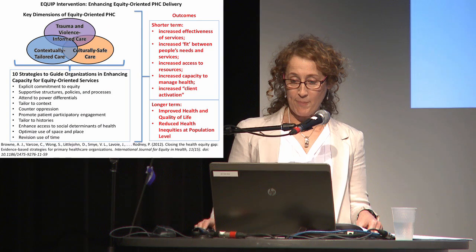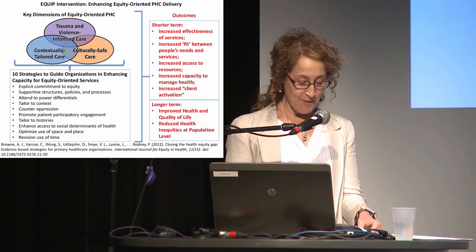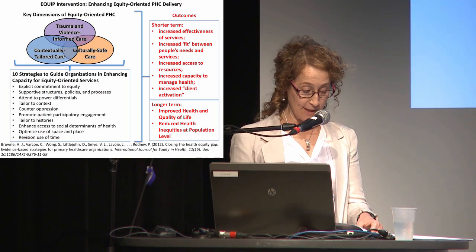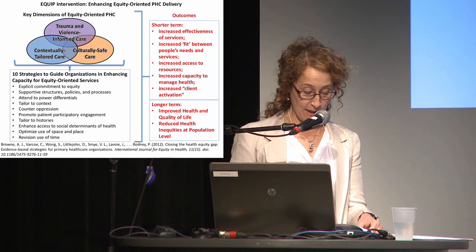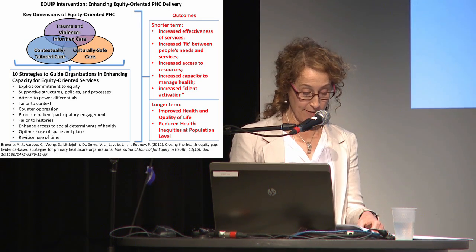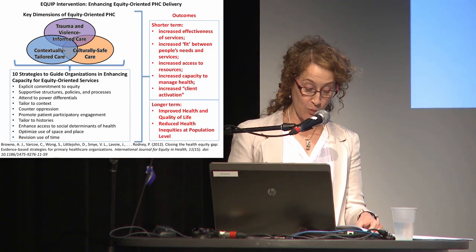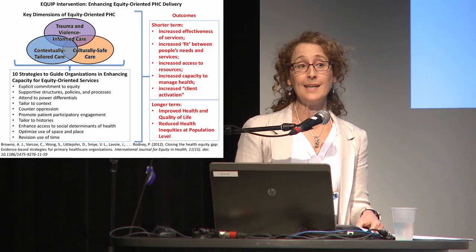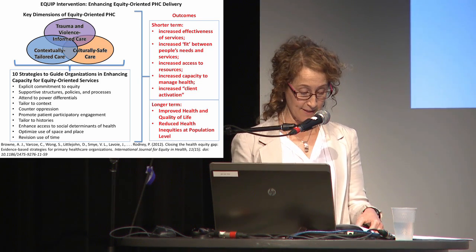And I'll wrap up by showing and perhaps foreshadowing some of the measurement work that we're currently engaged in, one element of which is the development and testing of a theoretically grounded measure of equity-oriented healthcare. And this builds on our previous theoretical work, which identified the key dimensions of equity-oriented primary healthcare services.